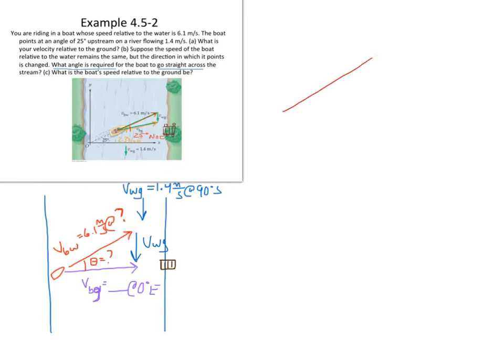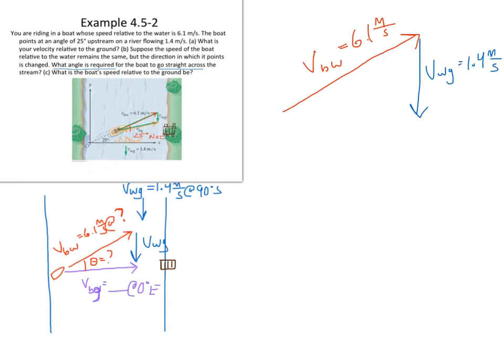We want to find out what that angle is. So we know that the boat is cutting through the water. Velocity of the boat to the water equals 6.1 meters per second. The water is flowing due south at velocity of the water with respect to the ground is 1.4 meters per second.